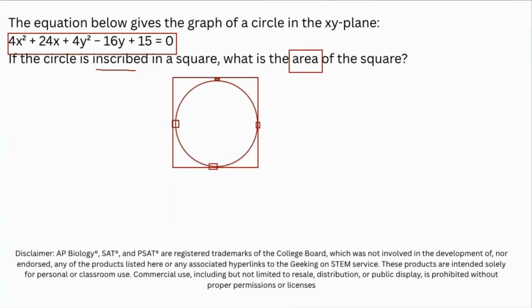Now let's go back to the problem itself and note that based on the formula, we can figure out either the radius, which is going to be half of one of the sides, or we can find the diameter, which is the full side. So remember, let's start off with what they're looking for.